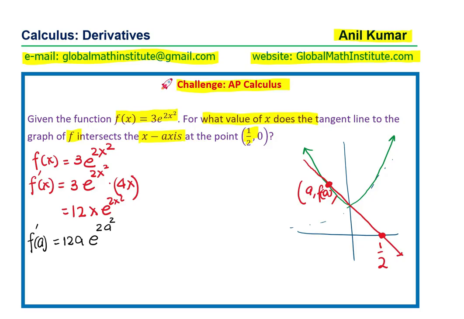Now, the slope of a tangent m can also be written for a line as y2 minus y1 over x2 minus x1, correct?